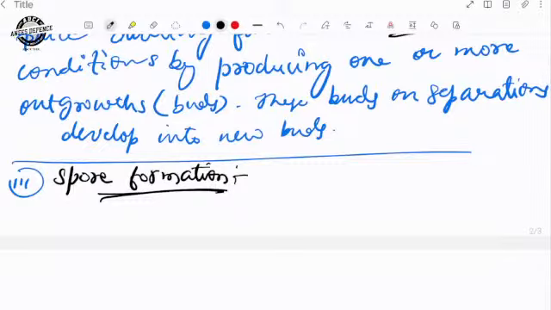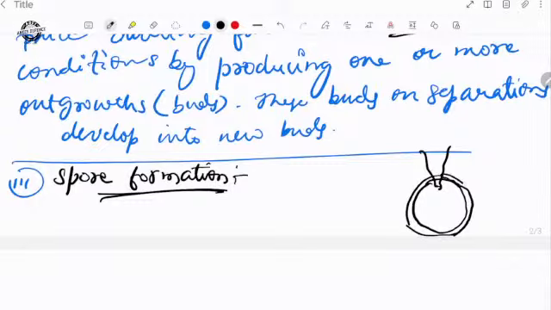When we talk about Chlamydomonas, the Chlamydomonas structure is like this, with two flagella. Inside this, spore formation is going to take place. Understood? This structure is going to form.